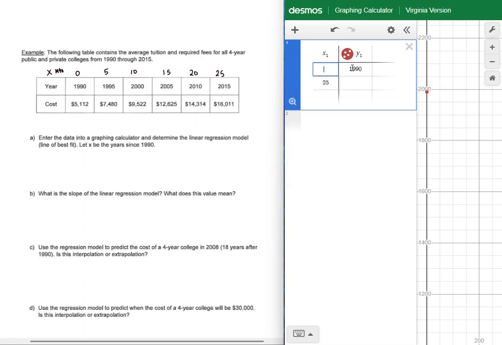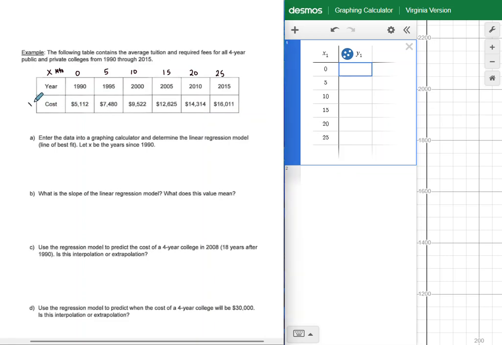Wait, that's not what I... Oh yeah, no, that was right. No, it was not right at all. Let me start over. Whew, 0, 5, 10. Okay, and the numbers for my y value are this column. That's what I was wrong about.